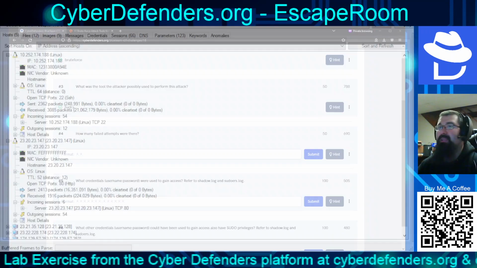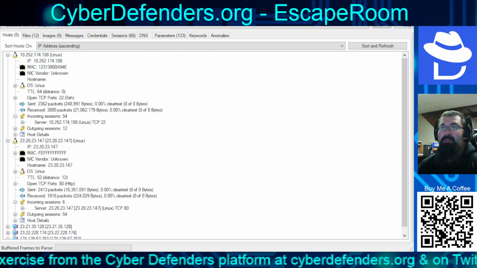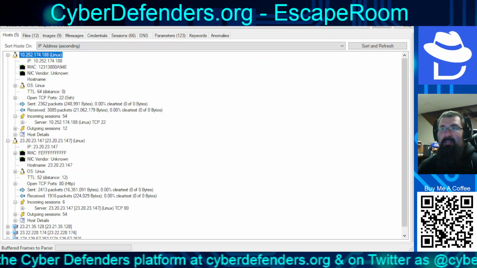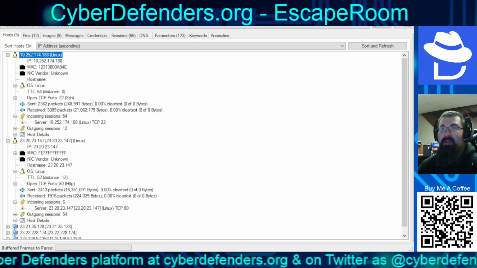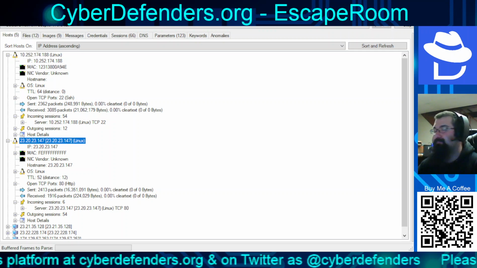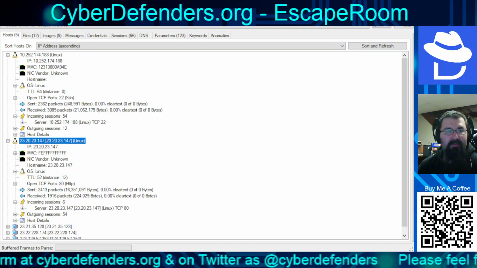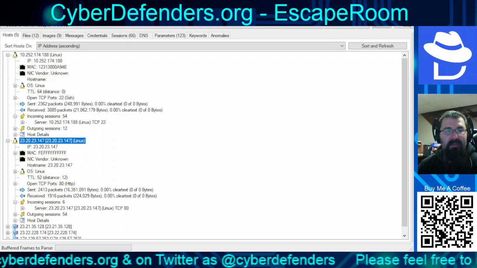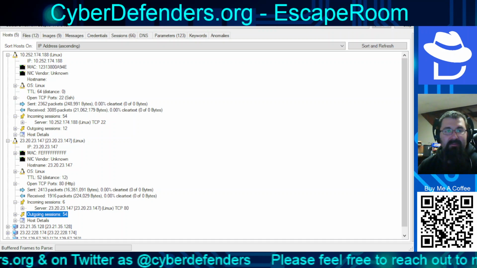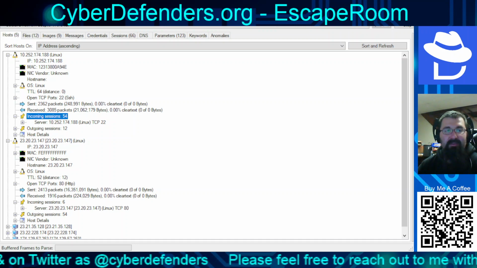Okay, so I'm looking at Network Miner. And we're looking at the two systems in question, the Linux server, the .88, and then the .147. What we've got is outgoing sessions of 54 on the 147, and incoming sessions of 54.